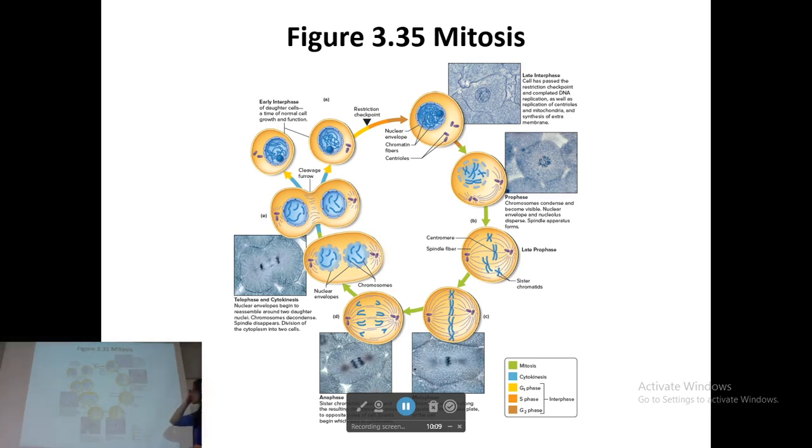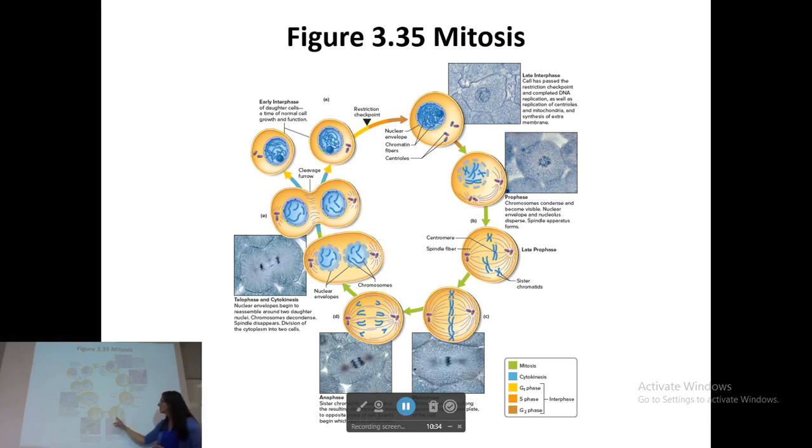All right, so here are slides of cells going through the cell cycle, right? It shows those details that we talked about, with what's happening with the nucleus and the chromosomes. Here we can see those spindle fibers attached to each side of the chromosome, lining them up in a straight line.